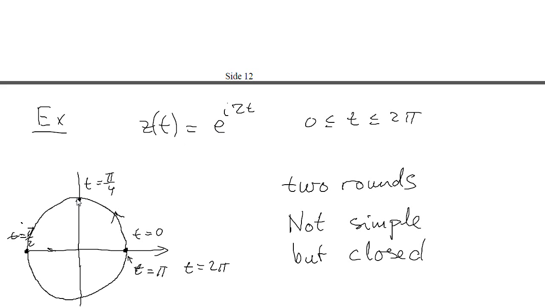We are not at this point, we are at this point, because then we have the exponential function of i multiplied with pi. So i pi here means that we are at the point minus 1.